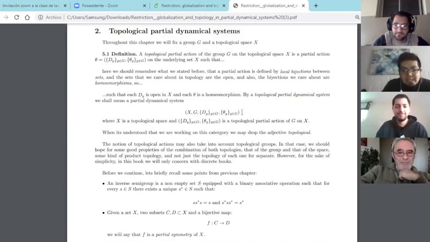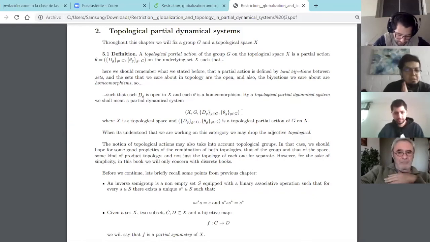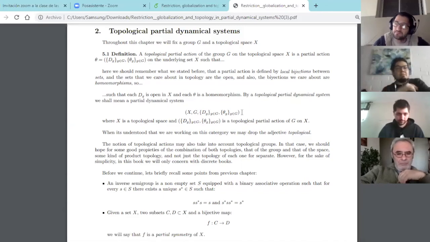In which sense? We are going to think about G being a discrete group, and so we will give it the discrete topology in order to make our constructions. That simplifies everything about open sets and continuous functions.